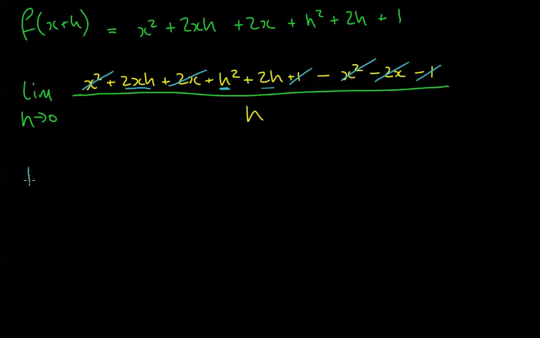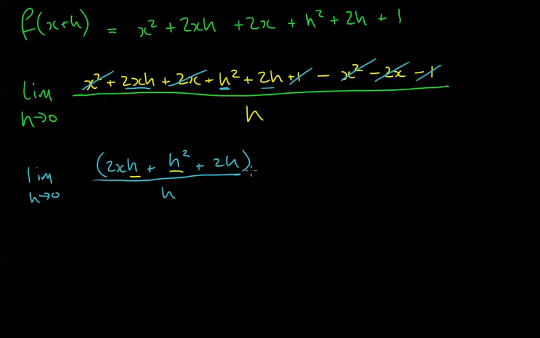Limit of h tending to 0. On the numerator we've got 2xh plus h squared plus 2h. Let's see what factors out from the top. There's an h in each of these expressions.